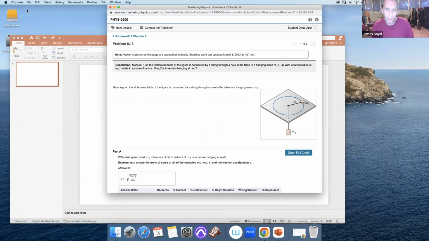So our first one, we have two masses, both connected by a string, but one is rotating in circular motion and one is hanging through that hole. The biggest thing on this is the one that's hanging through the hole won't go up or down.